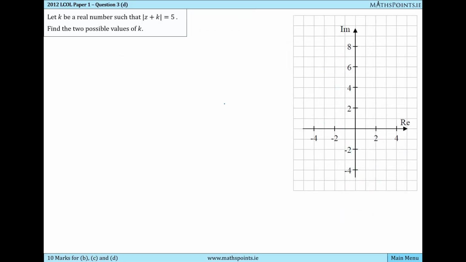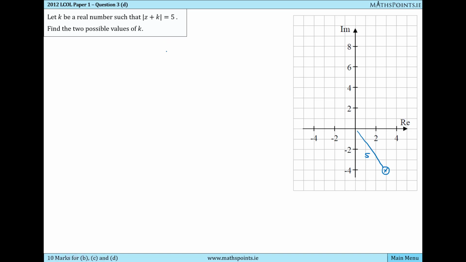The D part of the question is again concerned with the modulus of a complex number. It asks us what value would we add to z so that the modulus is then 5. So graphically what they're asking us is, where on the diagram would there be a point such that the distance from that point back to the origin would be 5?